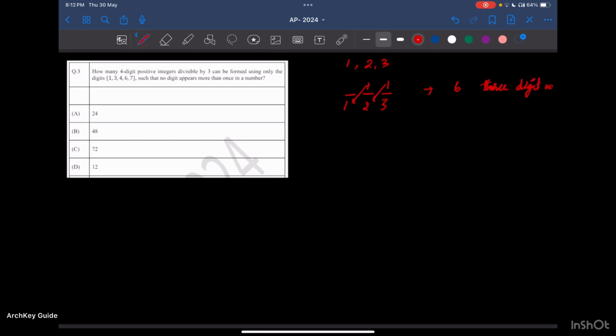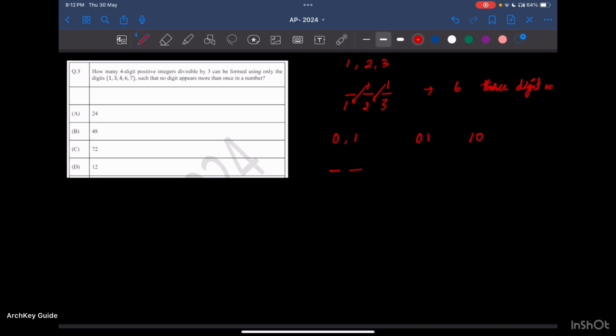Fine. One important thing to note is, if I would have said that the set is 0 and 1, how many two-digit numbers would be formed? Take your time, answer this. Fine. Let's see. 0, 1, 1, 0.